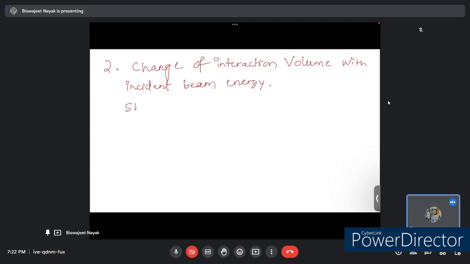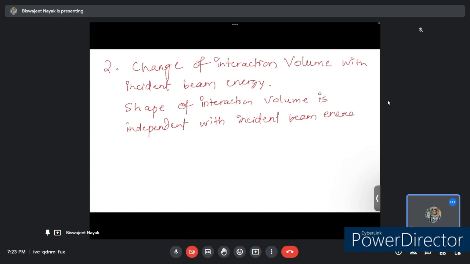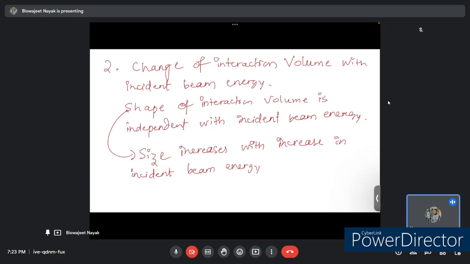So we may say the shape of the interaction volume remains unchanged, but its size increases with increase in incident beam energy.